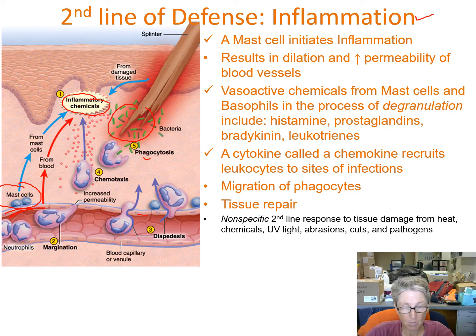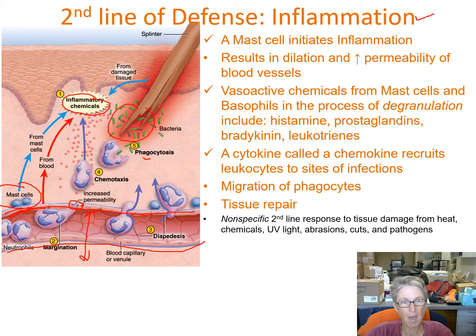So here's the blood vessel down here. Dilation just means the blood vessel gets larger in diameter, so it dilates. That means more blood can come through, more blood carrying white blood cells. And then increased permeability, so the attachments between these endothelial cells become leaky.